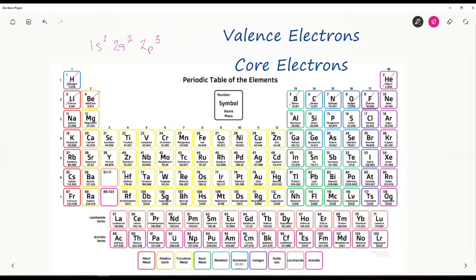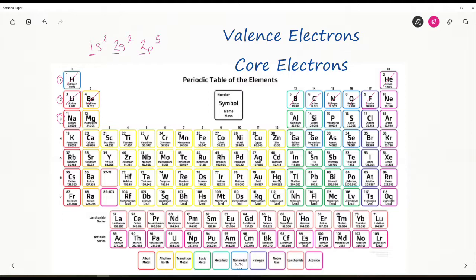Well, our valence electrons are going to correspond with electrons in the outermost shell, or the shell that has the highest value of n. Now, of course, our values of n are over here on the far left-hand side of the periodic table, and you have put those into your electron configuration right here. So I want to add up the electrons that have my highest value of n.